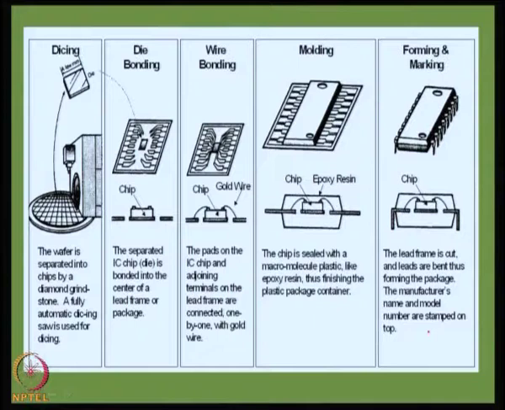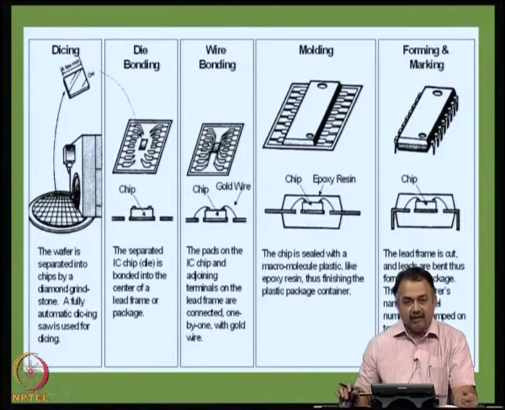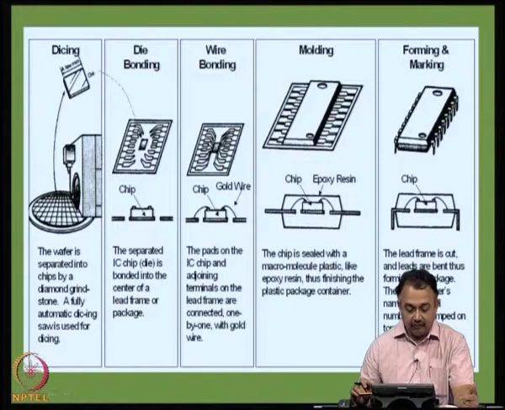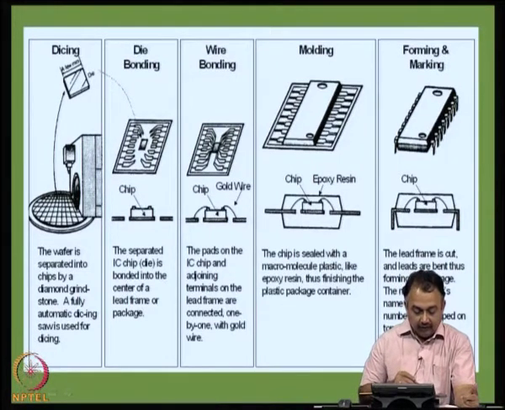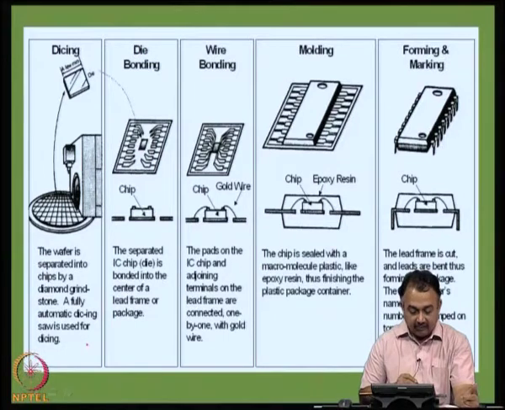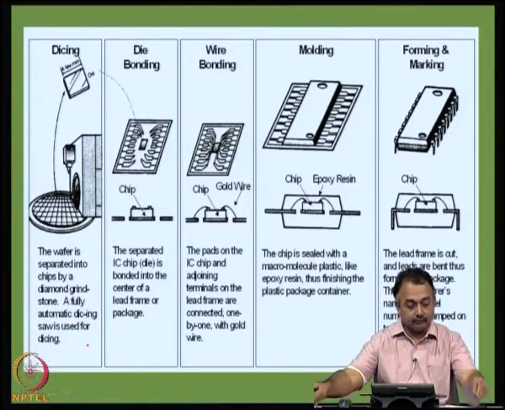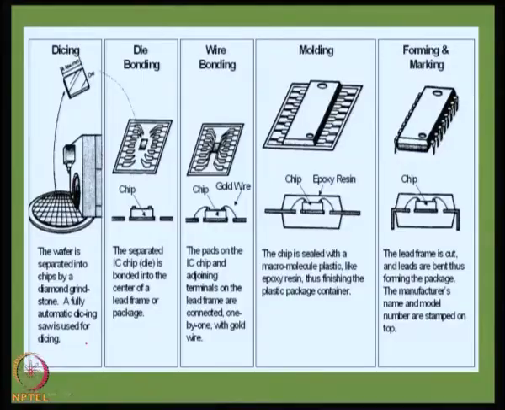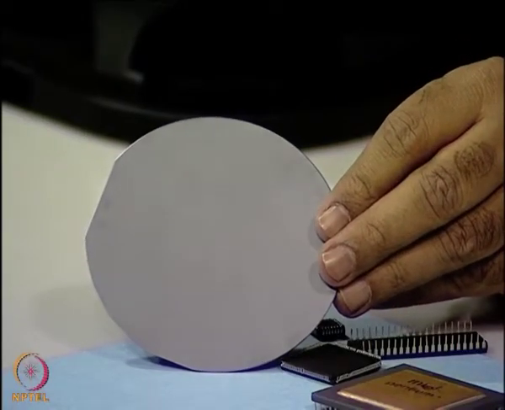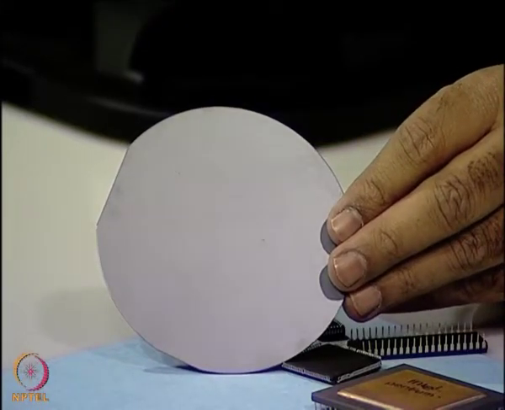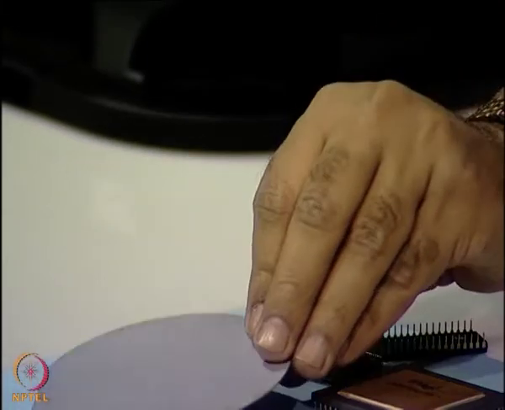So, a brief process of IC manufacturing will look like this. This is not very complete, but I will during the next hour or so talk to you about the complete IC manufacturing process. But if you look at a quick glimpse, after the IC is manufactured, the wafer, as you see it, will be diced into chips by a diamond grindstone, and the ICs will be individually separated.